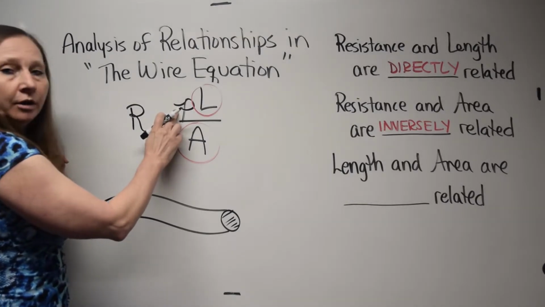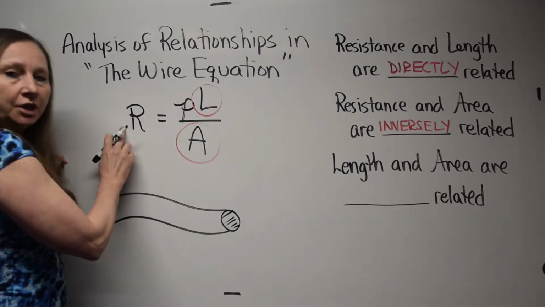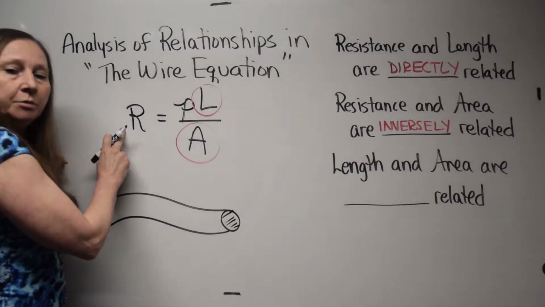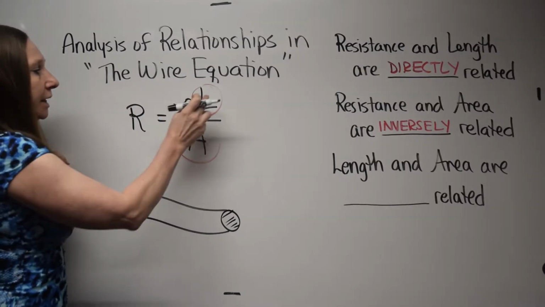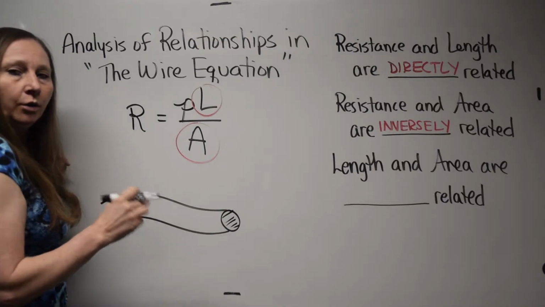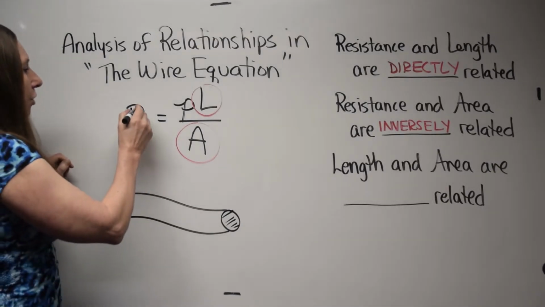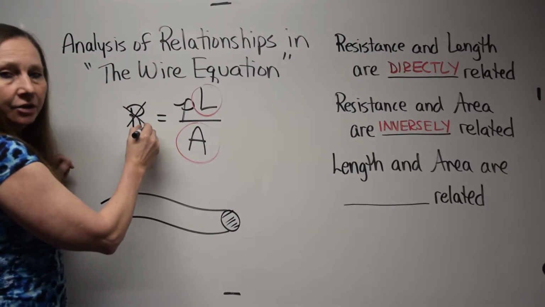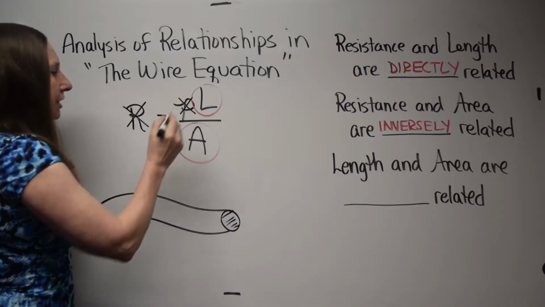It's going to be copper and copper. But you want the resistance of both pieces to be the same, right? But they are going to be different lengths. You are going to change the length. So the R has to stay the same. The rho has to stay the same.